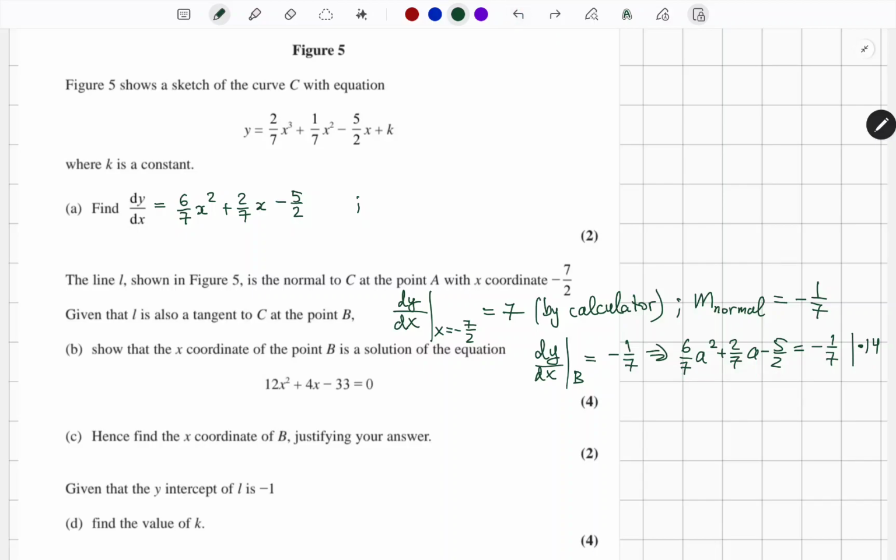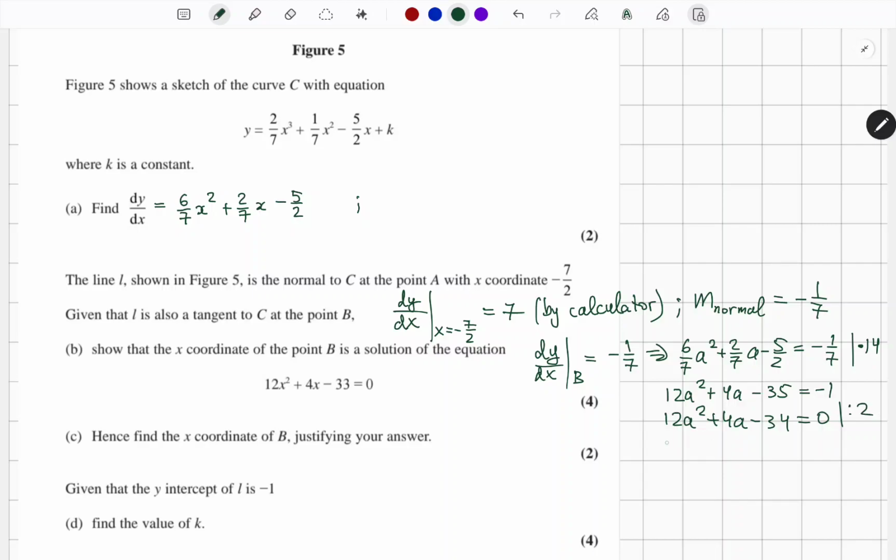So it's the least number that will allow me to get rid of all denominators. So it's 12a squared plus 4a minus 35 is equal to minus 1. So minus 1 moves to the other side: 12a squared plus 4a minus 34 is equal to 0.